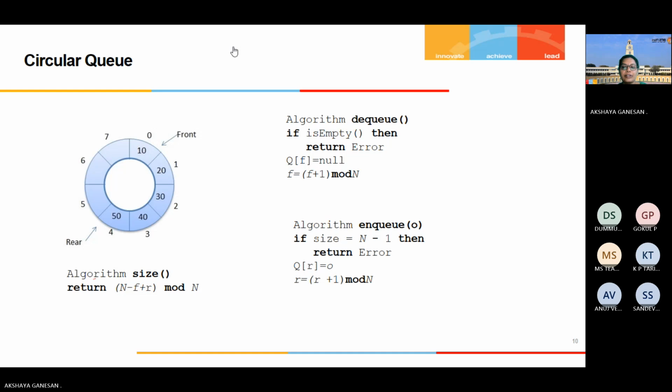Okay. Now, initially F is equal to 0, R is equal to 0. Front and rear are 0, so they both will be here. Now, when I want to add an element, let me take a fresh diagram.